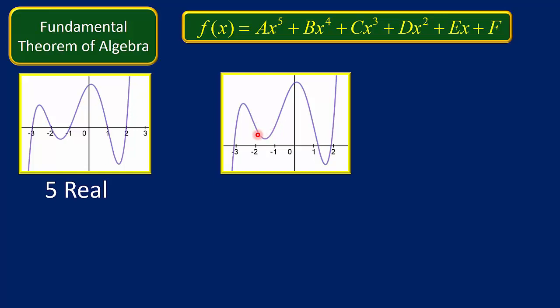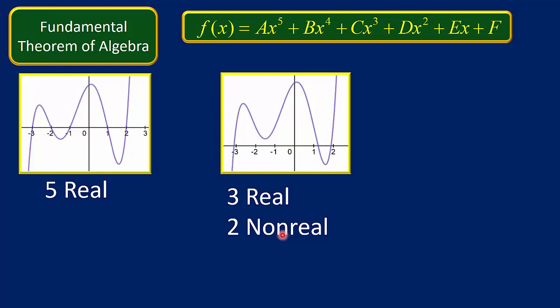So now notice the real roots. We still have 3 real roots, 1, 2, 3. But these 2 roots that were real roots, we've kind of traded those in for 2 non-real roots. In other words, we've traded those real roots in for roots with a non-zero imaginary part. So we have 3 real roots and 2 non-real roots.